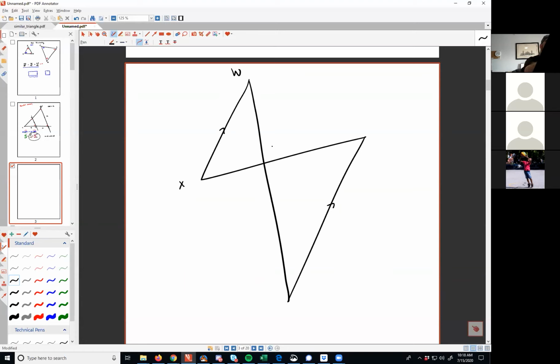And as I label, go ahead and think about what triangles are similar and in what orders we should be writing the vertices. And we're going to find the remaining lengths in this diagram. So somebody give me a pair of equal angles in this diagram.